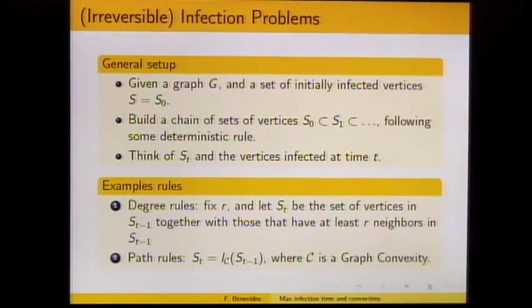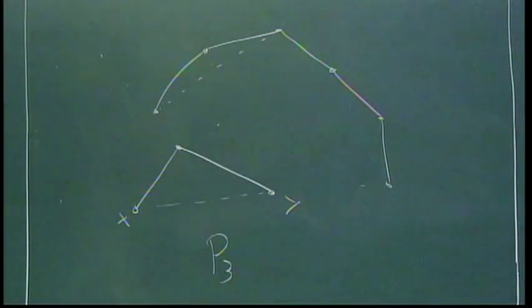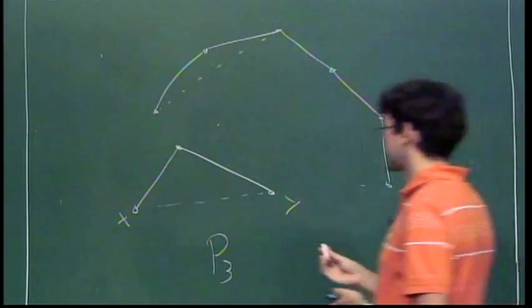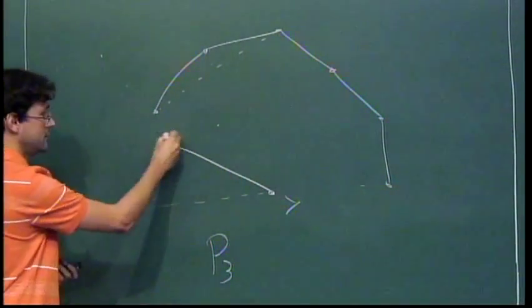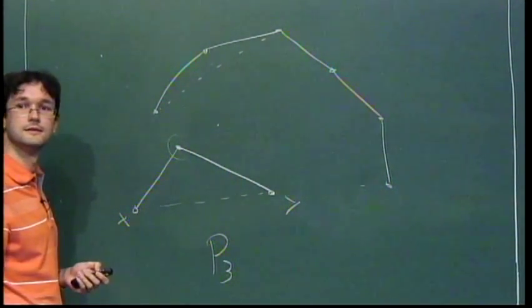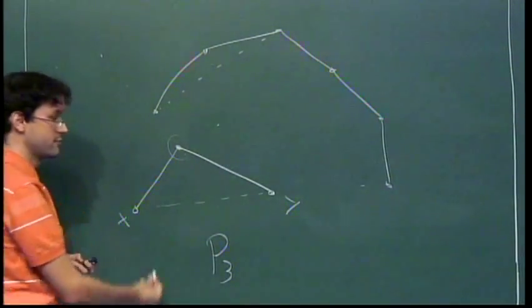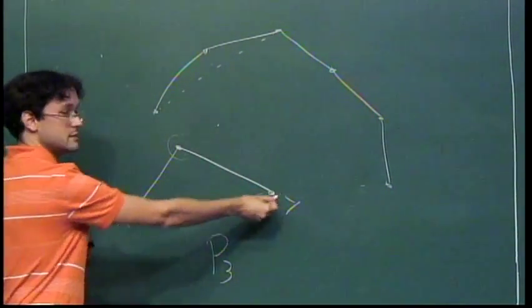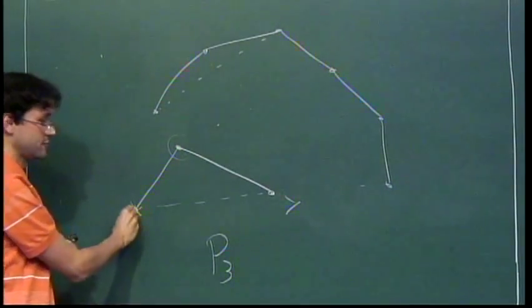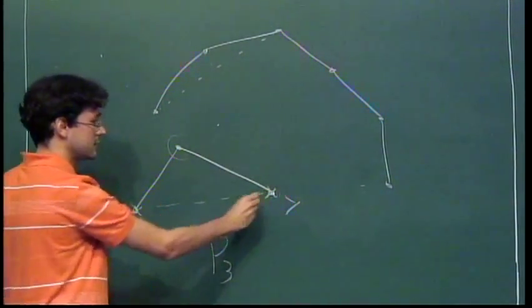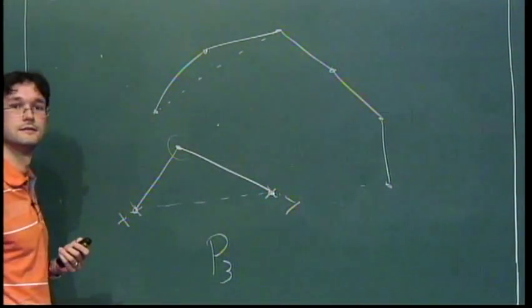And in this particular case, in which we have only the P3 convexity, instead of looking at shortest paths, I'm going to look only at paths of length 3. How can this new guy get infected? It gets infected if there is a path that has 3 vertices that starts in an infected guy, finishes in an infected guy, and only this guy gets infected.